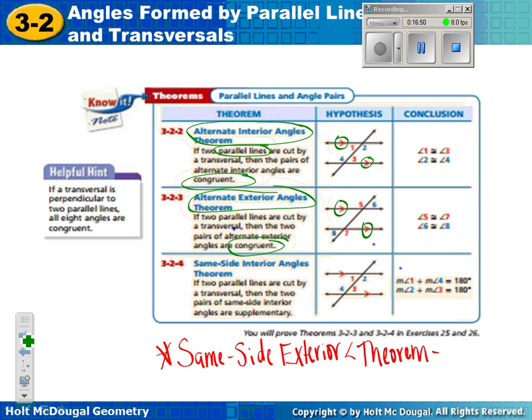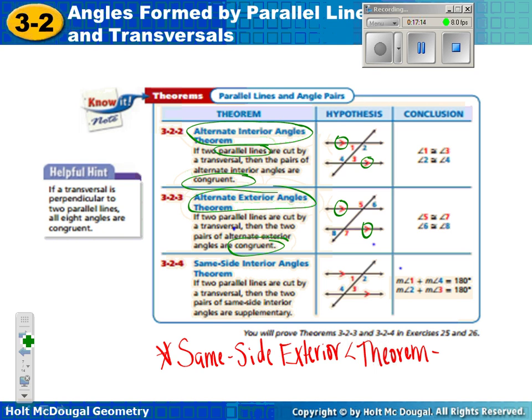So right now, I want us to make just a quick little chart in our notes about all the angles that we know are congruent and which ones require the lines to be parallel. So congruent angles. Tell me what's one angle pair. Okay. Alternate interior angles.